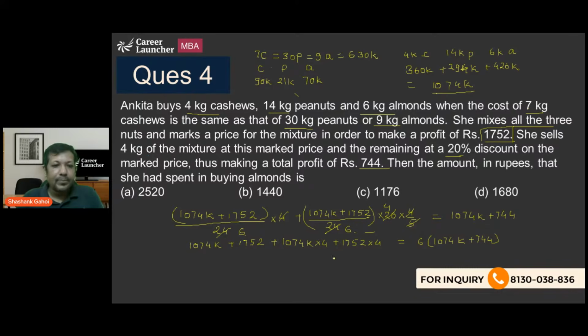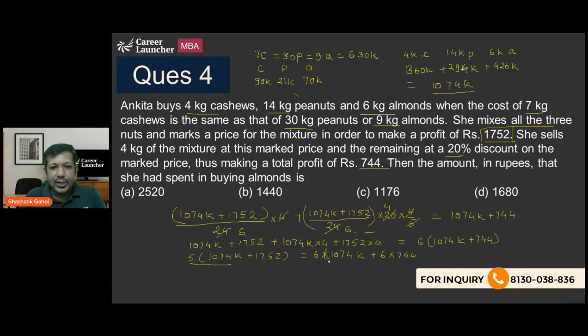Okay. So basically, if you see now, the question doesn't look very difficult because I'm going to take 5 times common: 1074k plus 1752, and that is equal to 6 times 1074k plus 6 times 744. So what is the question saying?